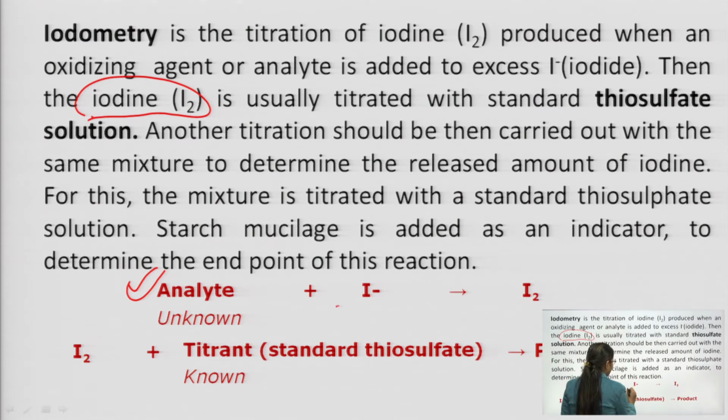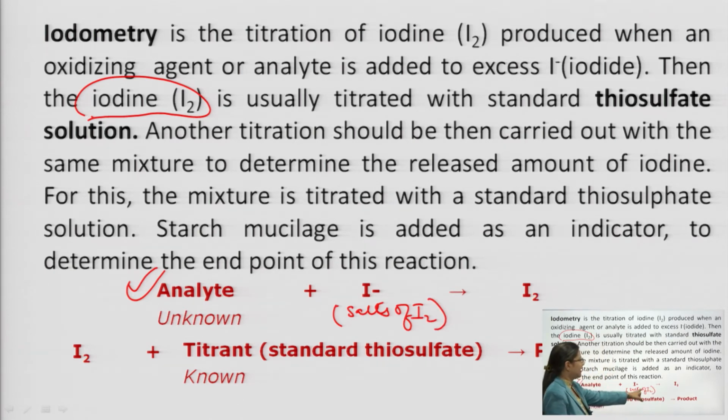This iodide ion has been procured from any of the salts of iodine. Now, this iodide ion, after reacting with the analyte, which is a good oxidizing agent, is oxidized, and the iodide ion gets converted into I2 or iodine. This liberated iodine is the first step of the reaction.